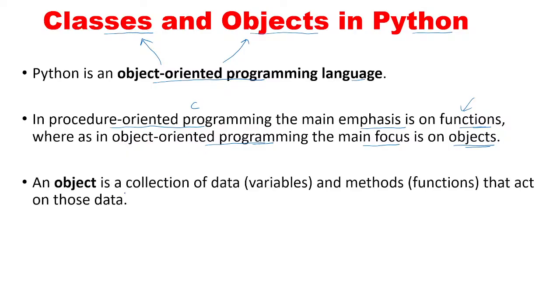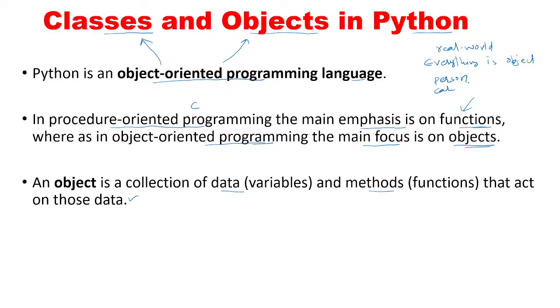So what is an object? An object is a collection of data, variables, and methods, functions that act on that data. If we see the real world, everything is an object. A person is an object, a car is an object, a pen is an object.